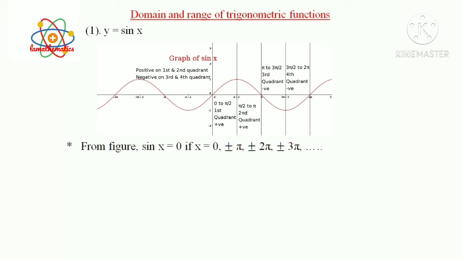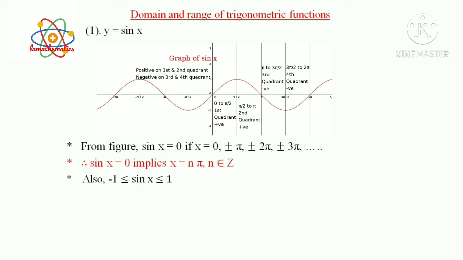From the figure, sin x equal to 0 if x equal to 0, plus or minus pi, plus or minus 2 pi, plus or minus 3 pi, etc. Therefore, sin x equal to 0 implies x equal to n pi, n belongs to set of integers.